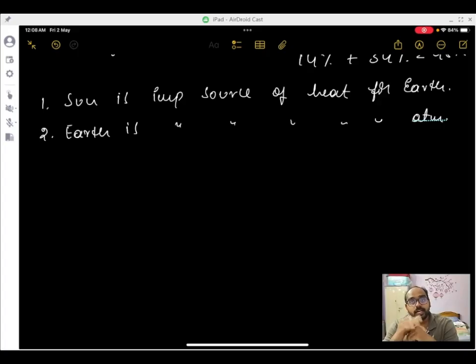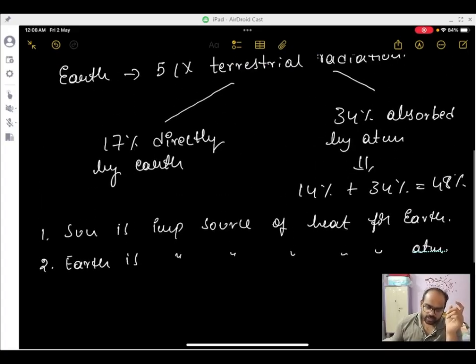And Earth is an important source of heat for the atmosphere. If you observe clearly, the atmosphere absorbs total 48% of radiation, and out of it 34% is terrestrial radiation. So the radiation coming from the Earth is absorbed by the atmosphere and it is getting heated up. So the major part of the heating of the atmosphere is caused due to terrestrial radiation. So we will say that Earth is an important source of heat for the atmosphere.